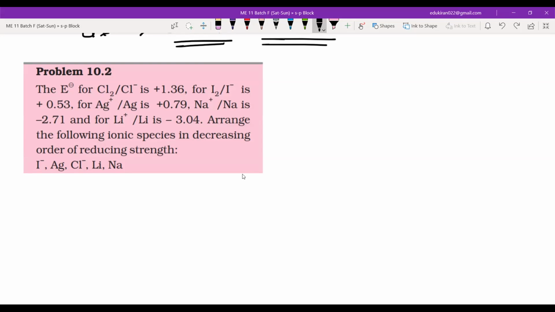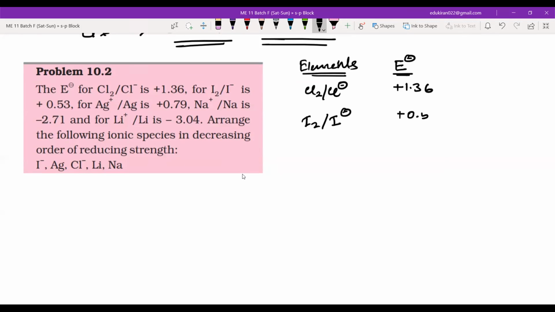Maybe I can make a table of elements, and then I can say that it is E naught. They are giving me some combinations. Cl2 and Cl negative is plus 1.36. Then I2 and I negative is plus 0.53.